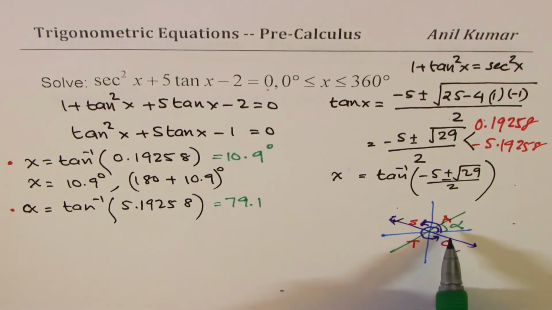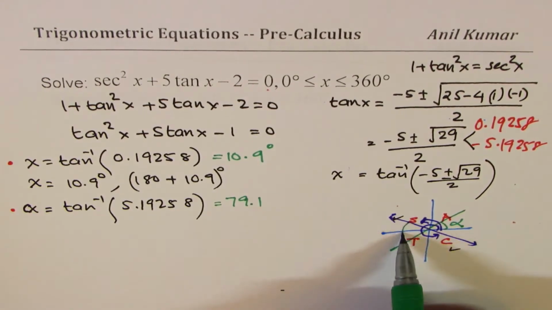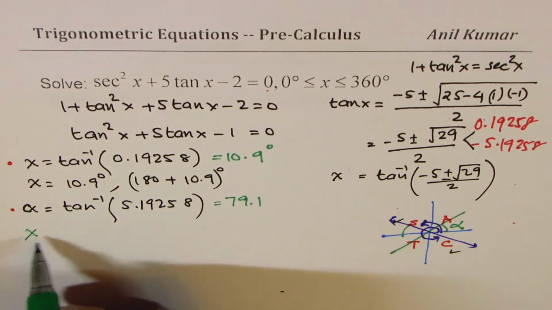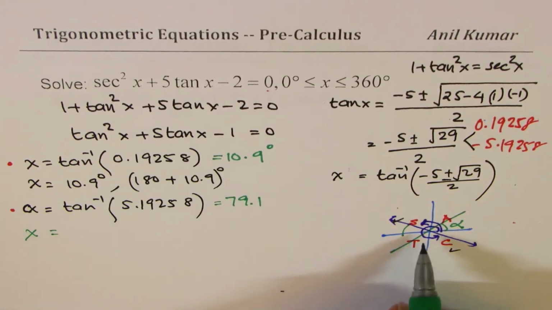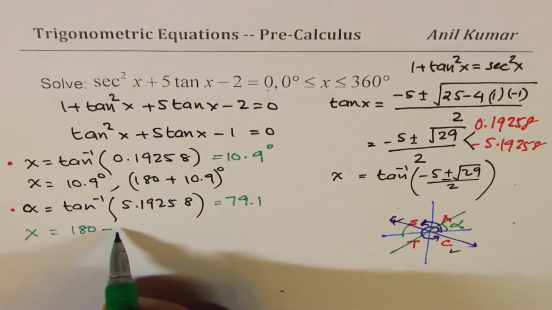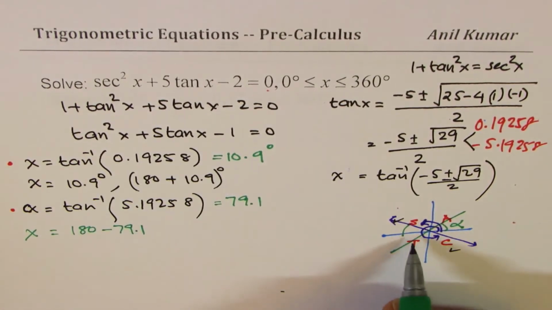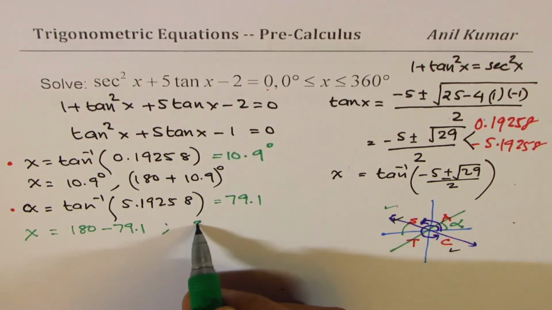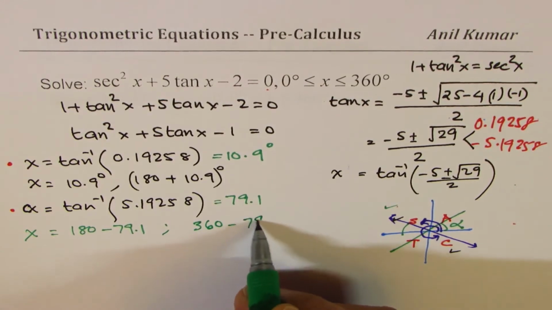So if it is 79.1 in quadrant 1, then what are the other two values? So x values will be 180 minus 79.1, right? So that gives you this one. And then 360 minus 79.1.